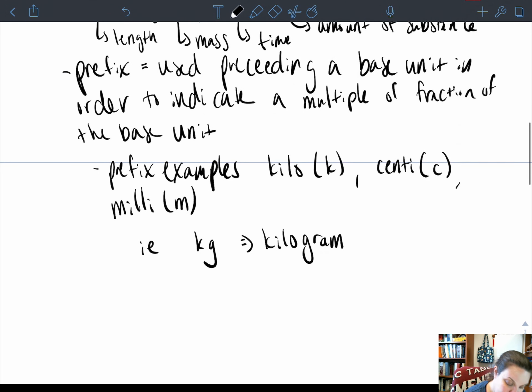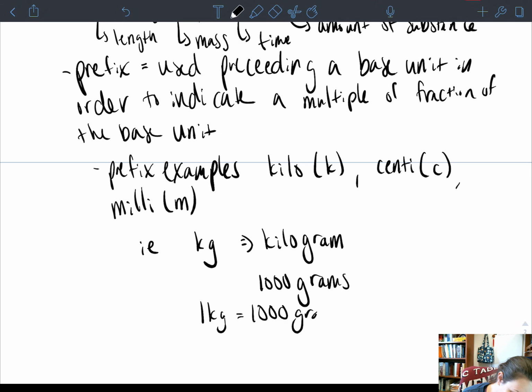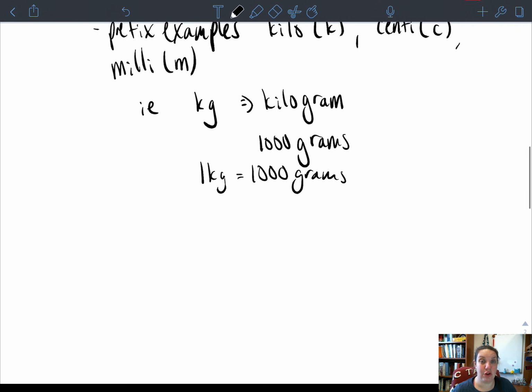And that means we have 1,000 grams. So the multiple would be 1,000 there. All right, so for every 1 kilogram, we have 1,000 grams. And we'll go more over that and how to use the system. And within our SI units, I'll also give you which of these metric prefix plus base unit you need to memorize as far as what's included in that SI system.